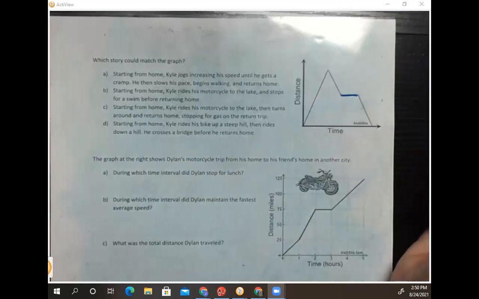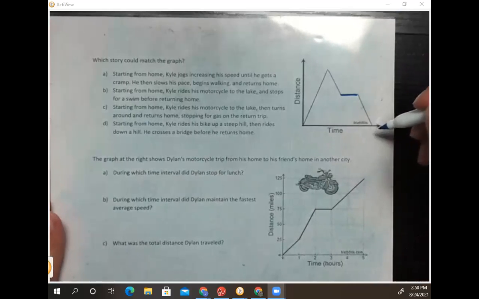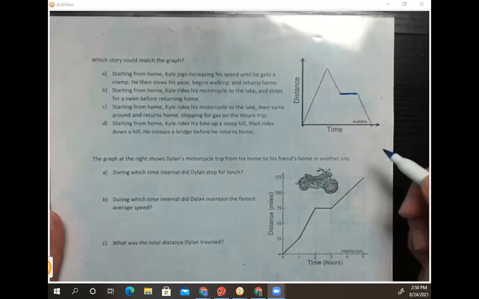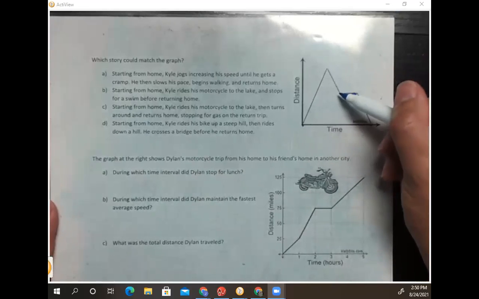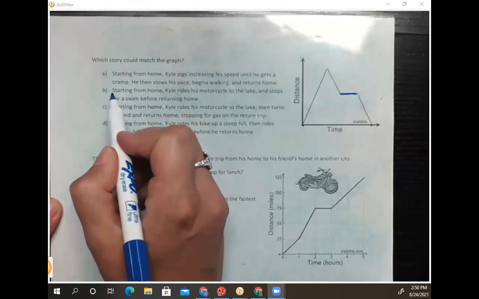That means we stayed in the same spot. And then our distance goes all the way back down. So if my distance started at 0 and ended at 0, that would mean I went back to wherever I started from. Okay, so I went away, I started coming back, I stopped, and then I came the rest of the way back. So let's take a look at these scenarios.